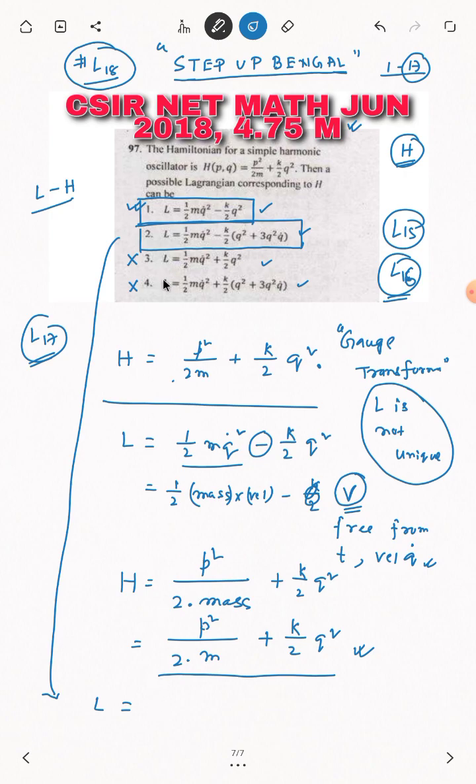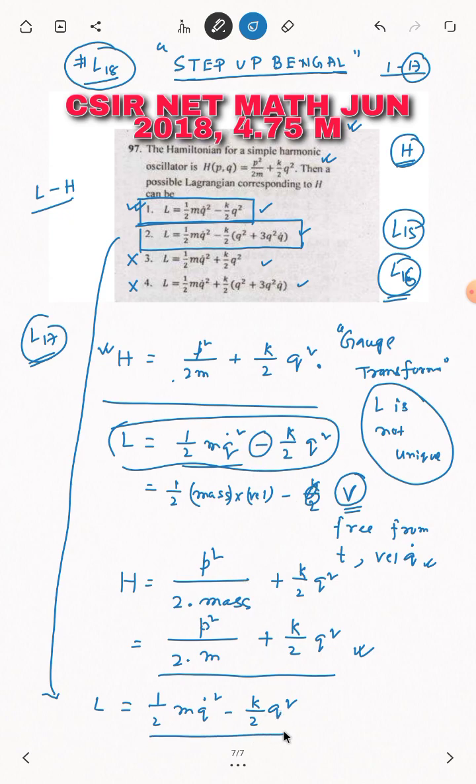L will be, just break this part, half into m q dot square minus k by 2 into q square. This is our Lagrangian, because from this Lagrangian we have arrived at the Hamiltonian given above. So this is obviously the Lagrangian.